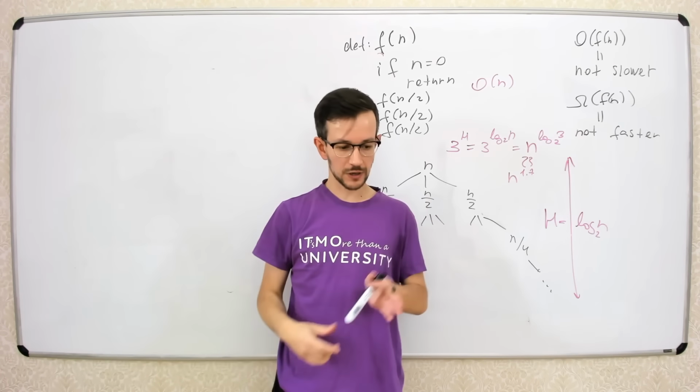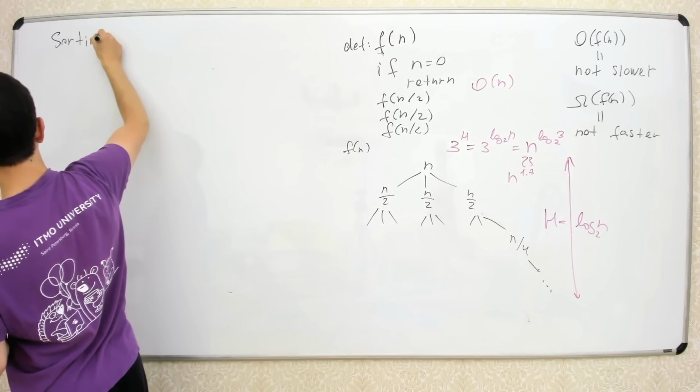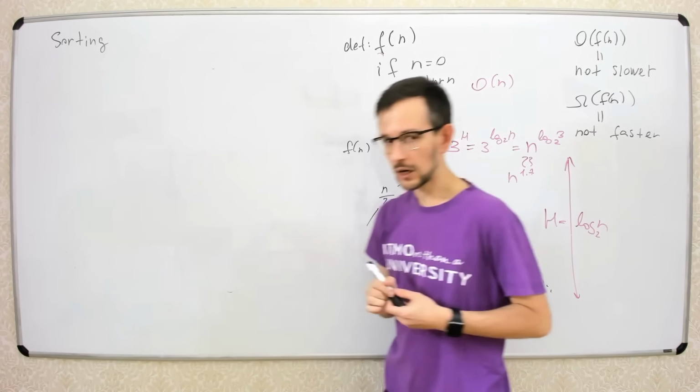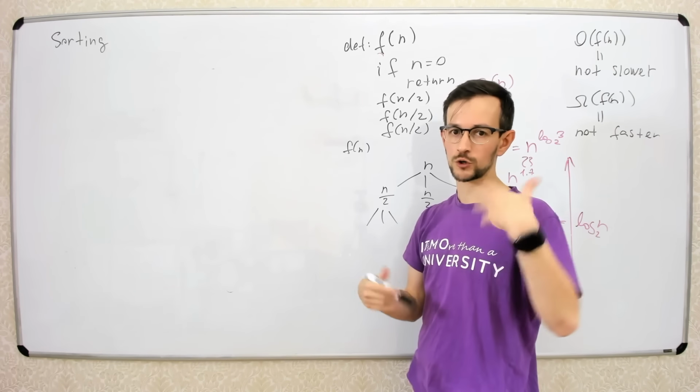Now we will talk about sorting algorithms. What is a sorting algorithm? It's basically an algorithm where you take an array and you return the sorted array.